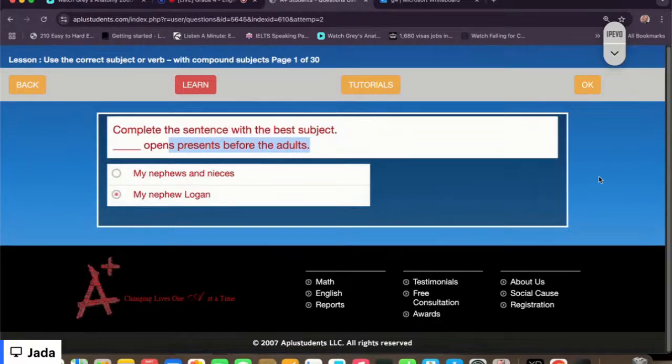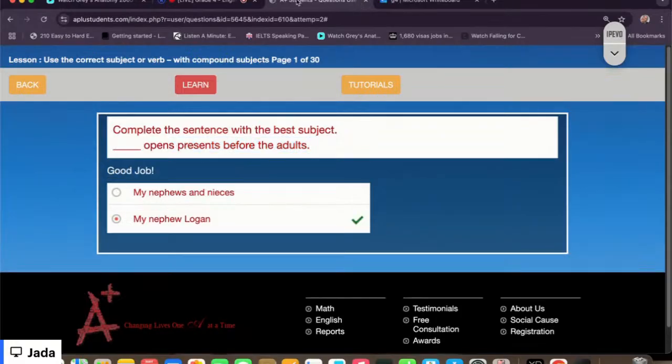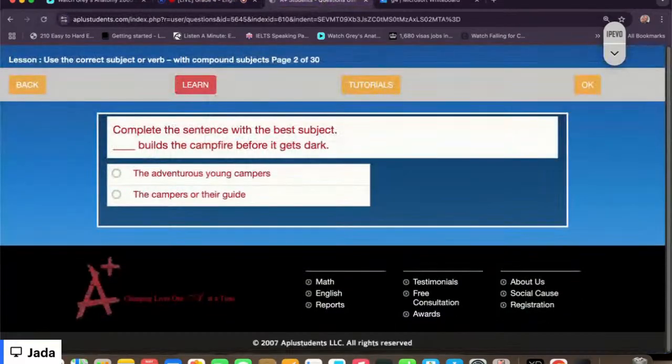All right, so my nephew Logan opens presents before the adults. Next: dash builds the campfire before it gets dark. So which of them? The adventurous young campers or the campers or their guide?